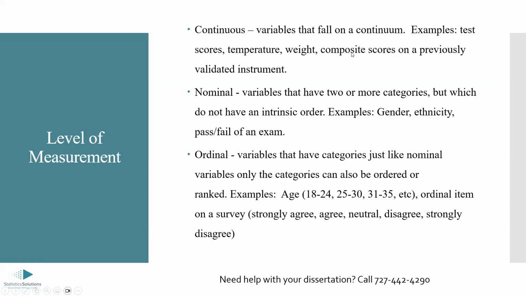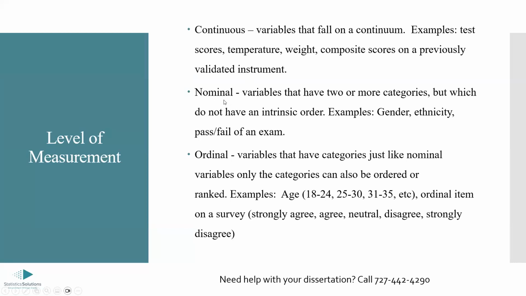So if you are using Likert scale data and then building a composite score from those responses, that resulting variable would be considered continuous. Some synonyms for this, you'll see interval, ratio, or scale. Those are the three predominant types I see.